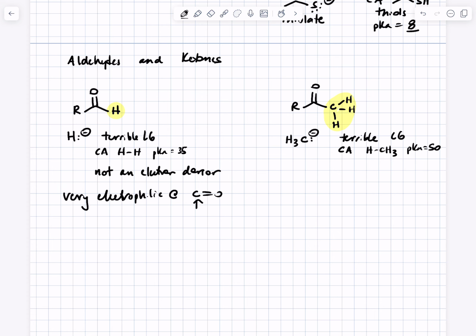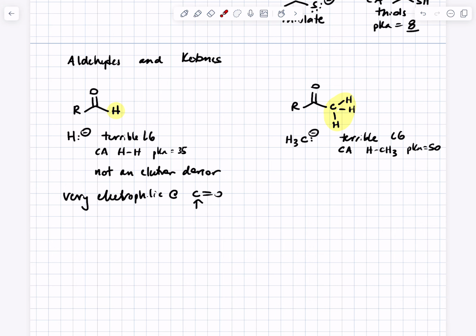Now, it also lacks lone pairs, but it has something that the hydrogen of the aldehyde doesn't. It has CH bonds, bonds between the carbon and other things. So there are electrons there, but they're not lone pairs, they're involved in bonds.